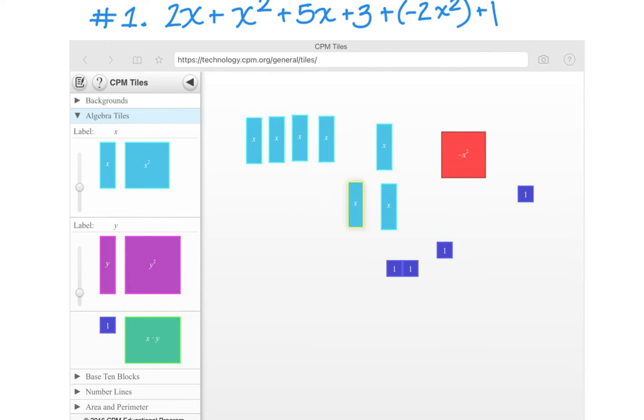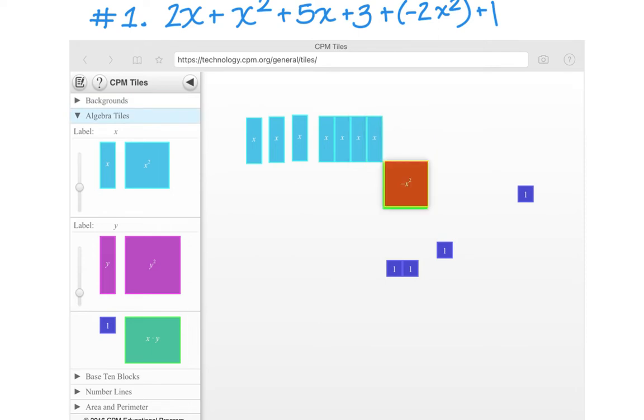Sometimes it's helpful to rearrange them like I'm doing now to kind of group those like tiles together. But as you can see, I can't add my x tiles to my x squared tiles, or my negative x squared, or add that to my ones here because those are different tiles. Therefore, they're going to be different terms in our expression. So this is as simplified as we can make it, and now I just count up what I have.